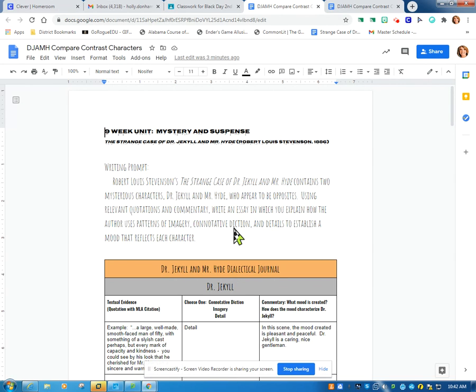That means strong adjectives that are like attitude words, mood words. Or he has to provide details, just straight up details in a story to help create a certain mood. Now keep in mind that our mood in this book has been mystery and suspense. Okay? Keep that in mind.